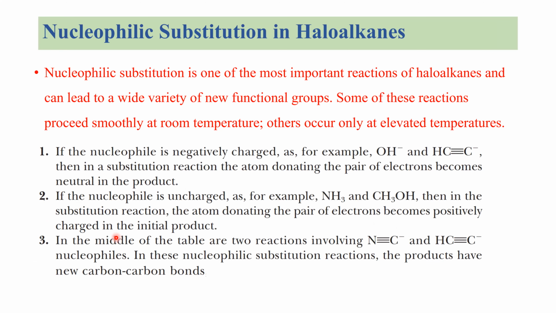Now, the second case is if the nucleophile is uncharged, for example ammonia and CH3OH, then in the substitution reaction, the atom donating the pair of electrons becomes positively charged in the initial product, right? We need to focus on the initial product, because if you want to write the ultimate product, it goes to the most stable neutral species, with the most favorable charges and bonding on each atom.